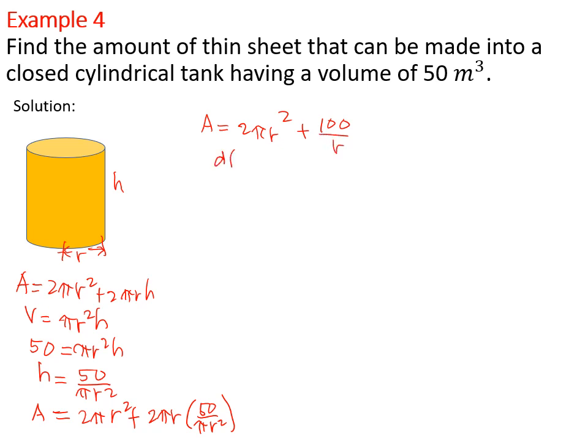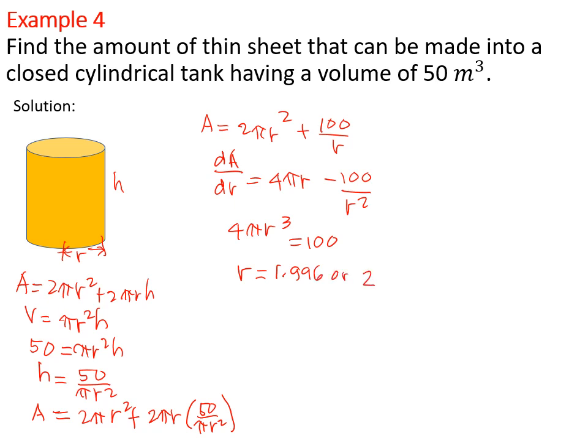So dA over dr, 4 pi r minus 100 over r squared equals 0, or 4 pi r cubed equals 100. R equals 1.996 or 2 meters.